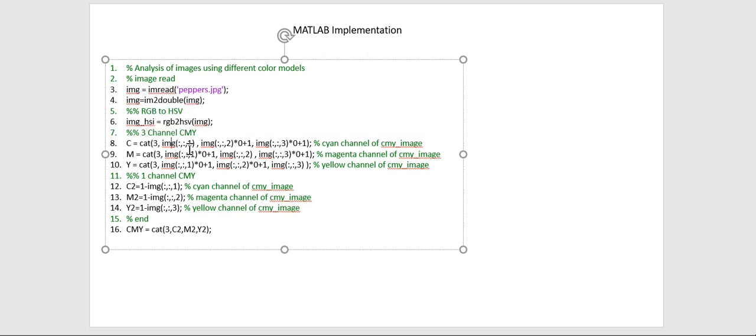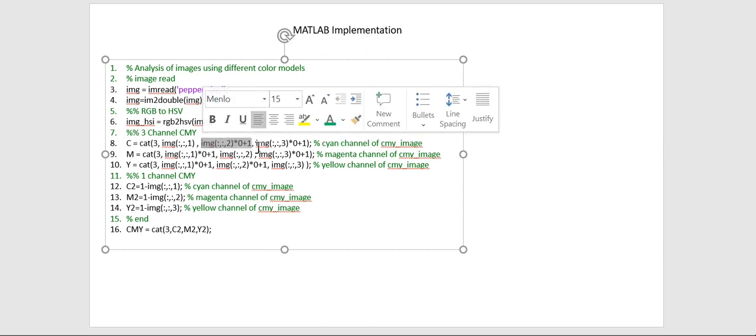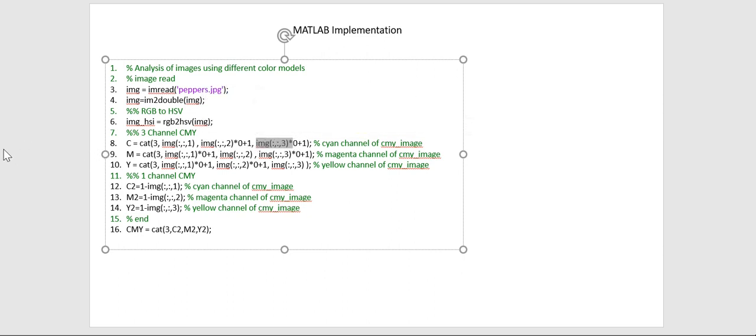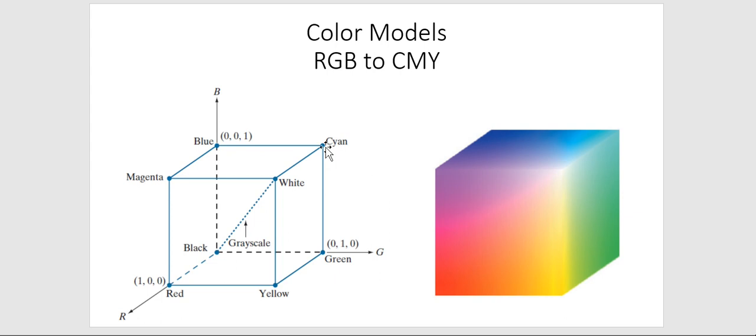So from the image variable, we take every row and every column of the first color, which is red, and every row and column value of the second color blue, and the third color green is multiplied with the value 1, which means that you will get a cyan channel. So cyan channel is going to have a complete combination of blue and green. That will match with the model that we had learned slightly earlier. When you talk about cyan, it's about blue and green.